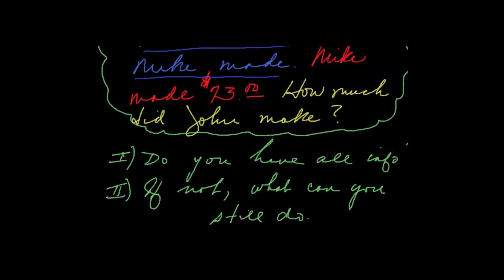We'll use J for John. Made is equal to $50 more than, and this is where your basic math skills come into play. We know that more than is an increase, so we're going to add $50 onto something, and that something is whatever Mike made. We'll use M for Mike.